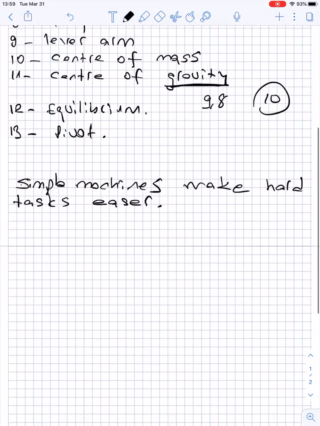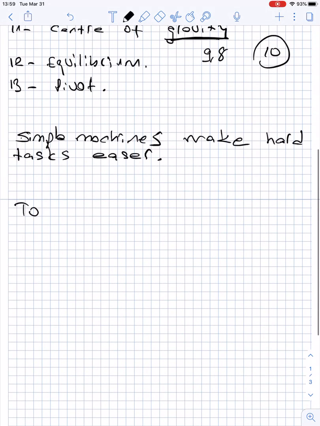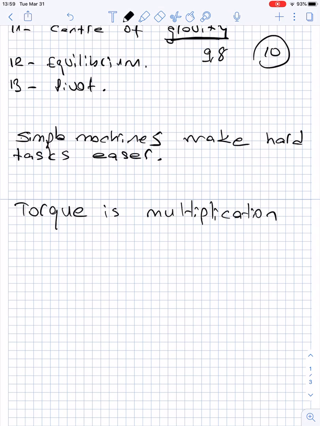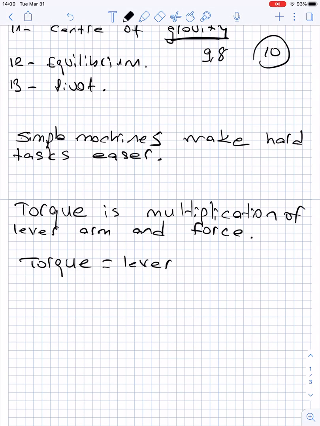From those simple machines, firstly, I will start with torque. Torque is multiplication of lever arm and force. What is the torque formula? Torque is equal to lever arm multiplying force.